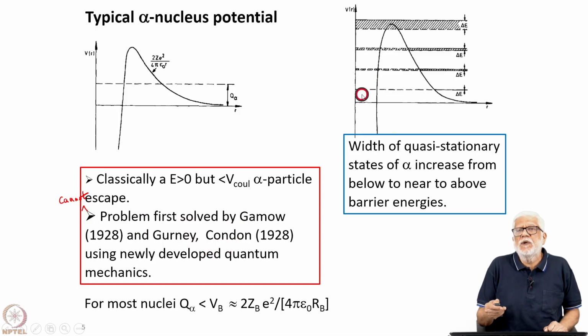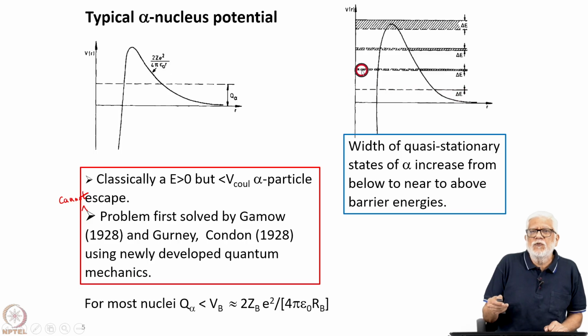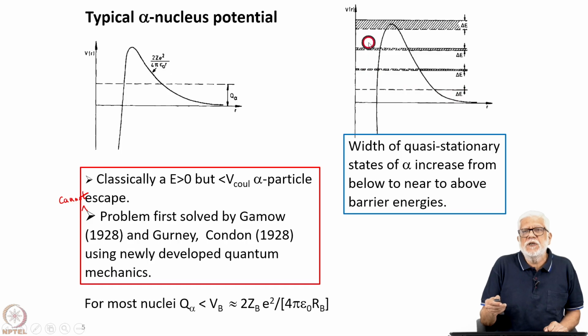Let's say you have an alpha particle here, then this has a rather narrow width, sharp alpha, whereas if you have something like this, the width increases, and this keeps increasing with energy. The width of the state inside the nucleus increases considerably, around the Coulomb barrier it becomes the widest, and then it increases only slowly thereafter.